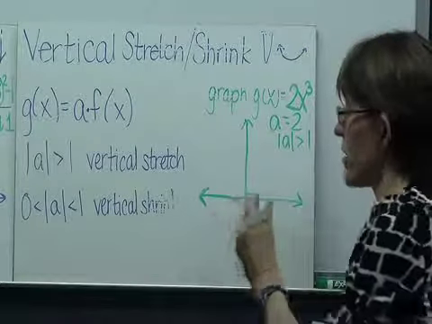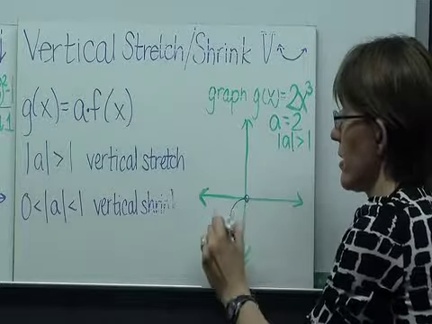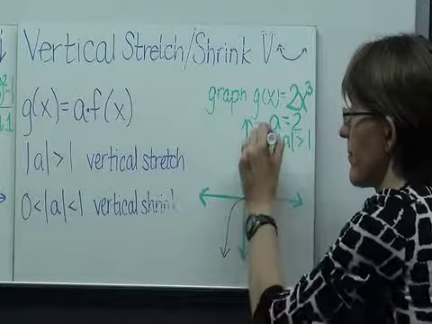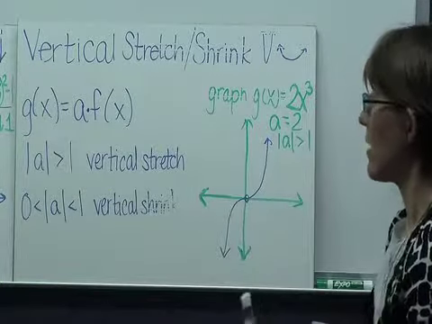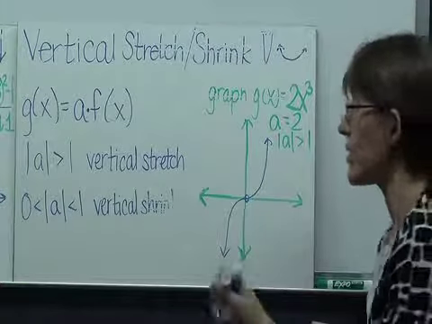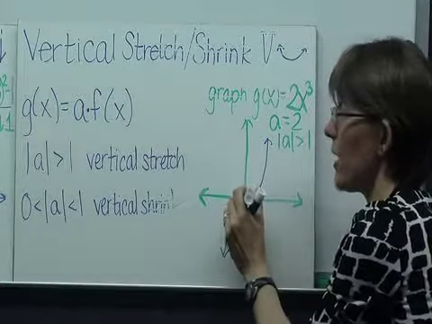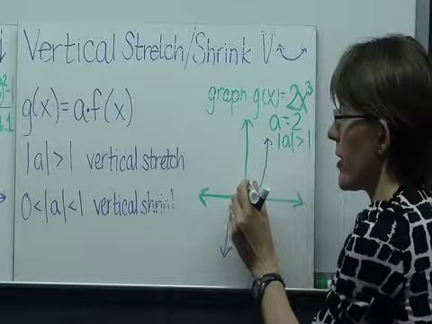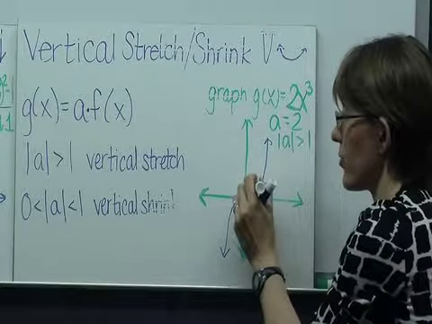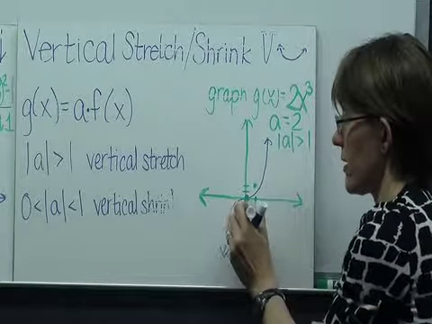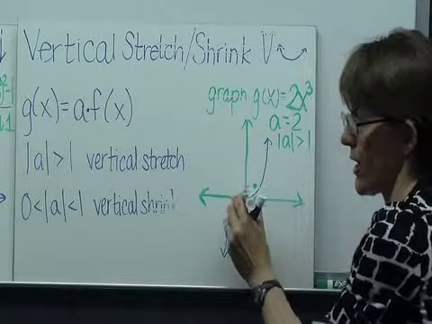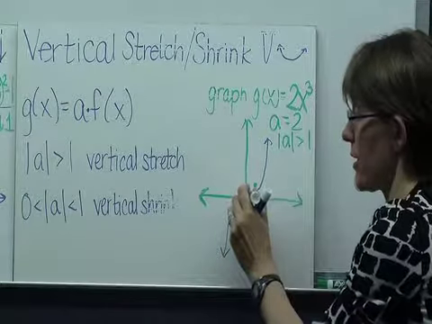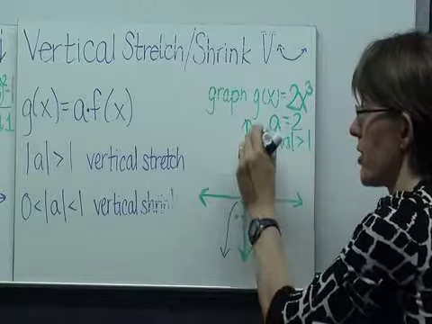My parent function, the cubic, looks like this. It's not going to shift left or right at all, but instead of going up 1 and over 1, I'm going to go up 2 and over 1. And then because this goes down 1 and over 1 on the other side, I'll go down 2 and over 1.